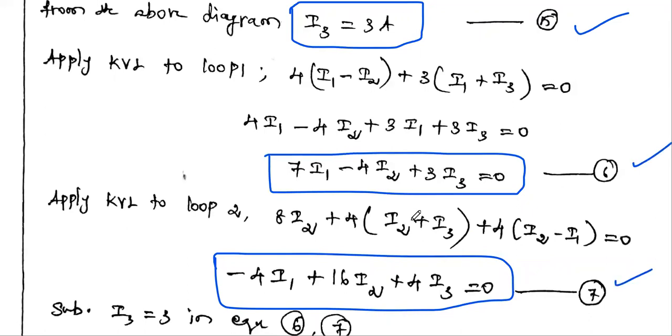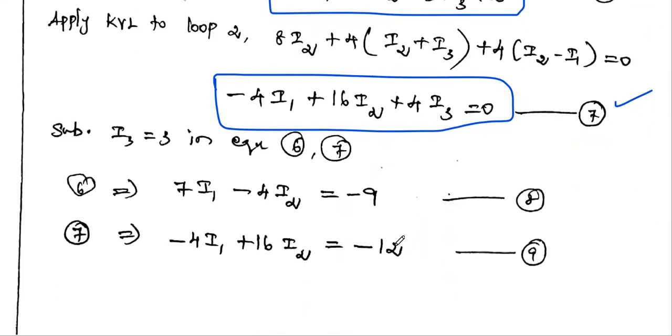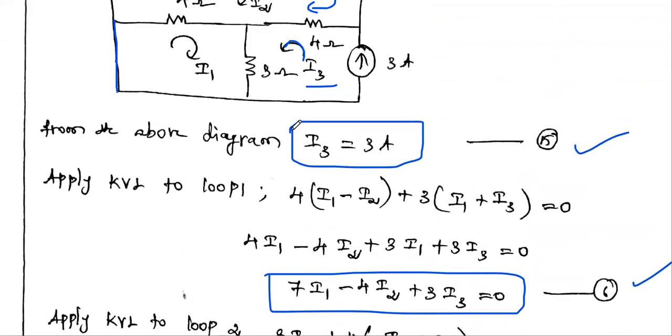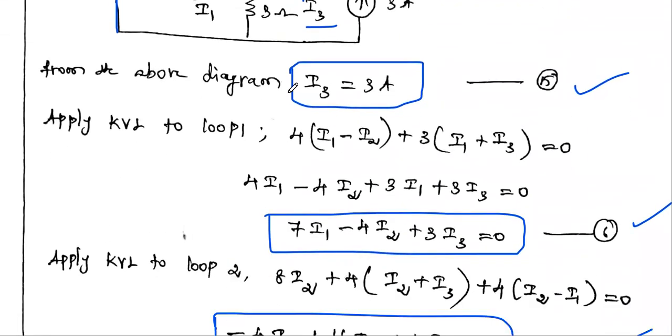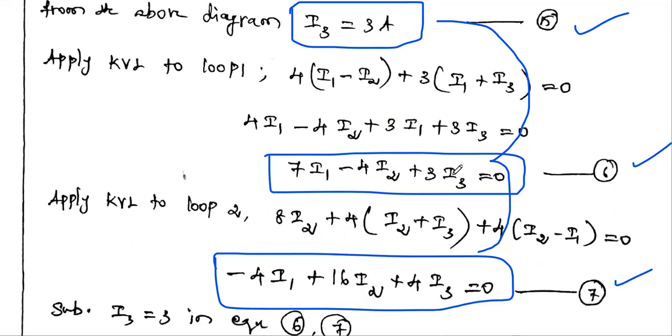Since this is a 3 loop problem, in order to solve the variables I1, I2, I3, we need at least 3 equations. You can convert these 3 equations into a matrix, but here the I3 value we know directly. What is the value of I3? 3. So you just substitute this I3 value in equation number 6 and equation number 7, and one variable is eliminated.